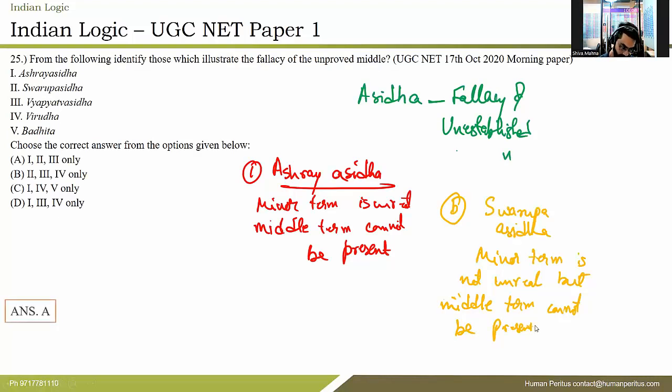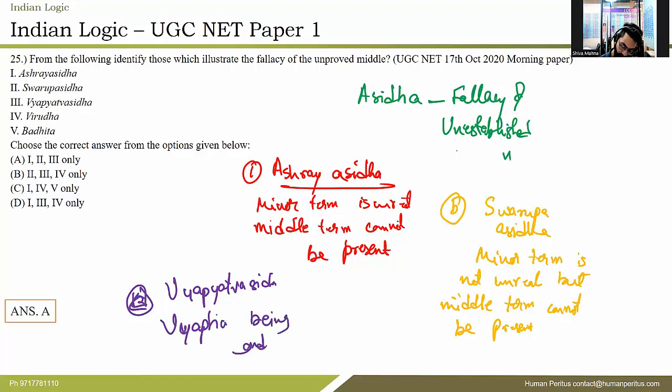And the next one is Vyapyatva Asiddha, which talks about Vyapti being conditional.